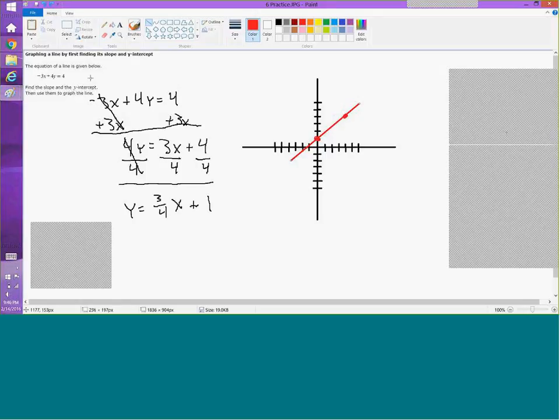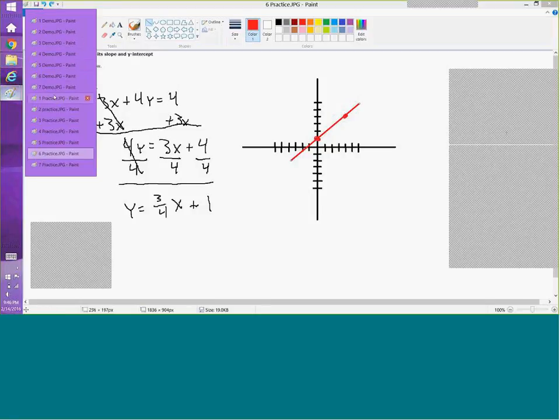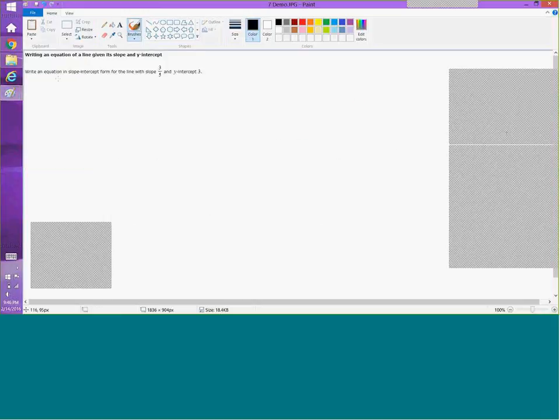All right. The problem for the night, we've got problem number 7 here. Write the equation of the line given its slope and y-intercept. As long as they don't specify otherwise, we're just writing our line in slope-intercept form.